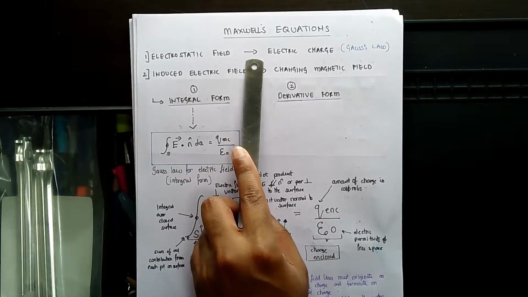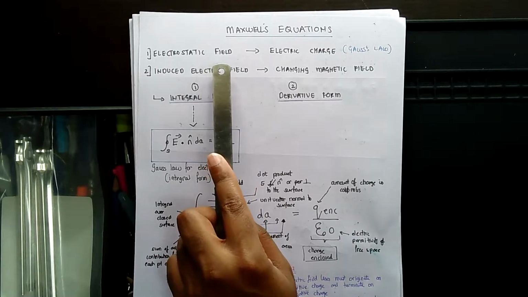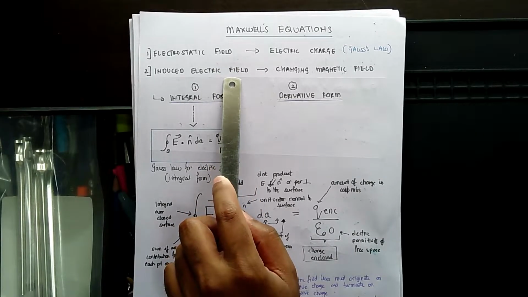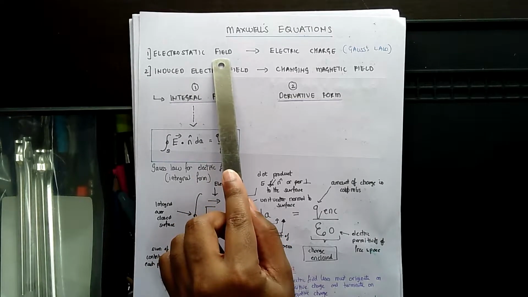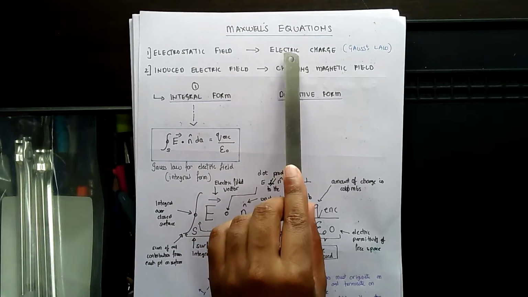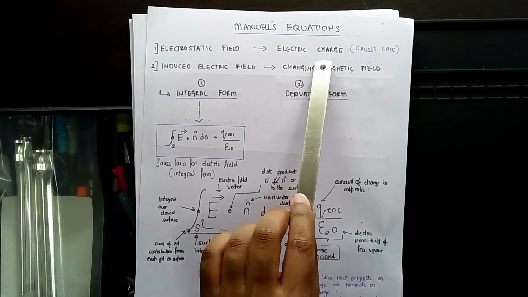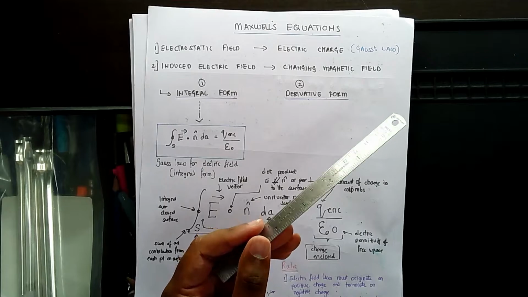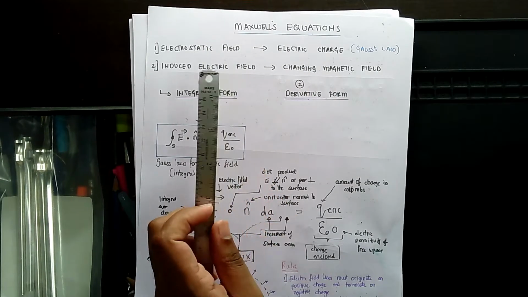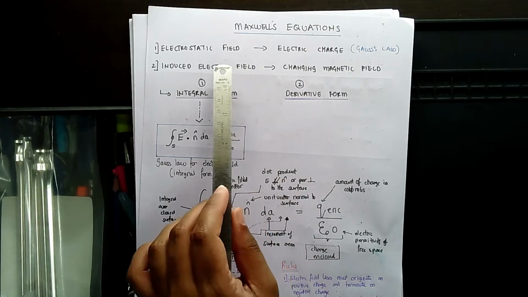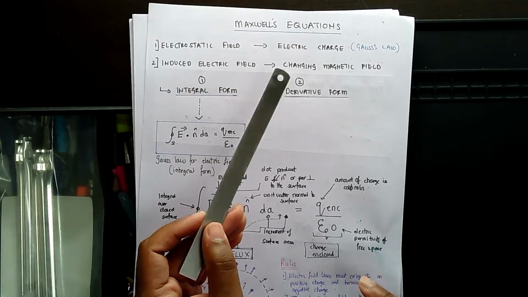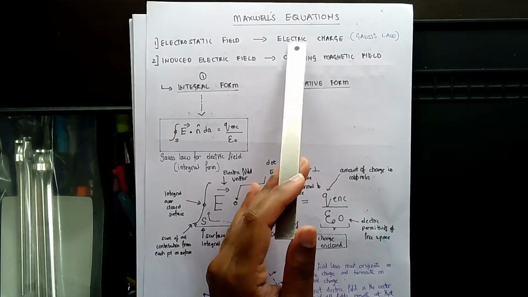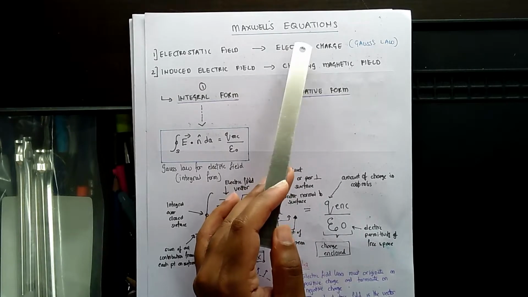So the first thing that we want to focus on is that Maxwell's equations can be generally classified into at least 2 types of fields that govern them. The first is the electrostatic field, and that's basically an electric charge. You have these experiments where you rub a ruler on your head, and then it's able to pick up paper, because you're polarizing a charge in your ruler, and that's creating a charge on another object, such as a paper.